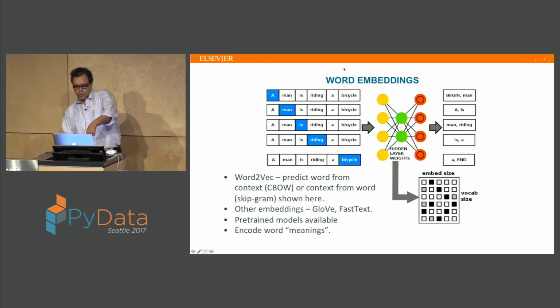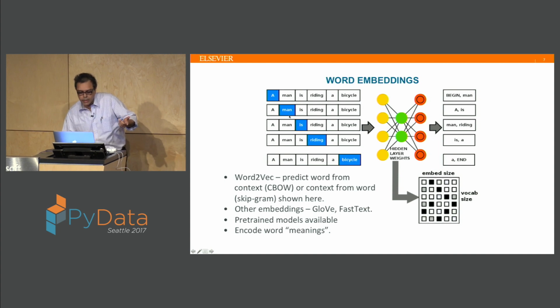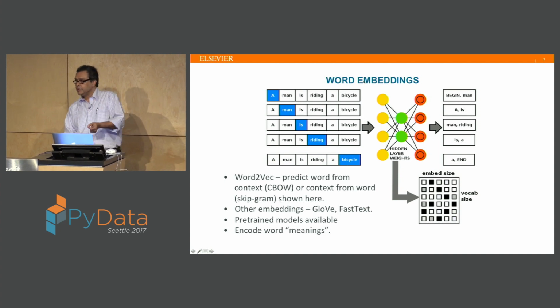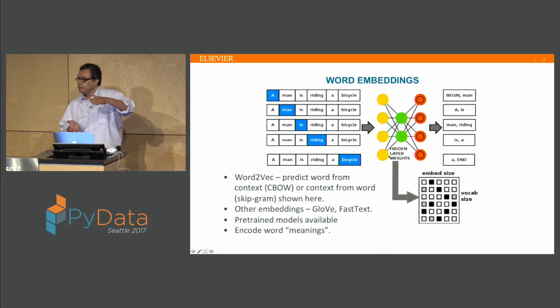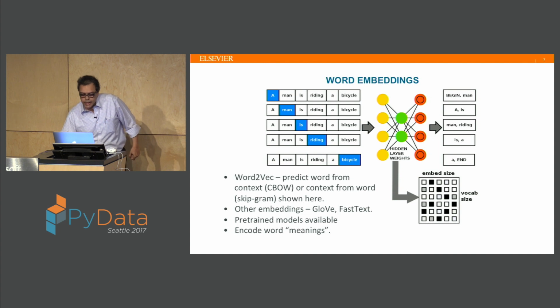So in the second case, you're sending in a one-hot vector for man through this autoencoder kind of thing, where you condense it to a hidden state, which is the size of the embedding you want. Then you expand it out again to the size of the vocabulary. You train this network so it can predict, in this case, A and is.